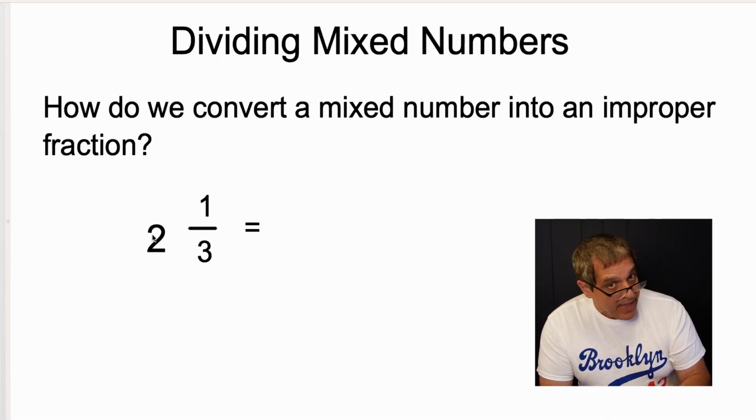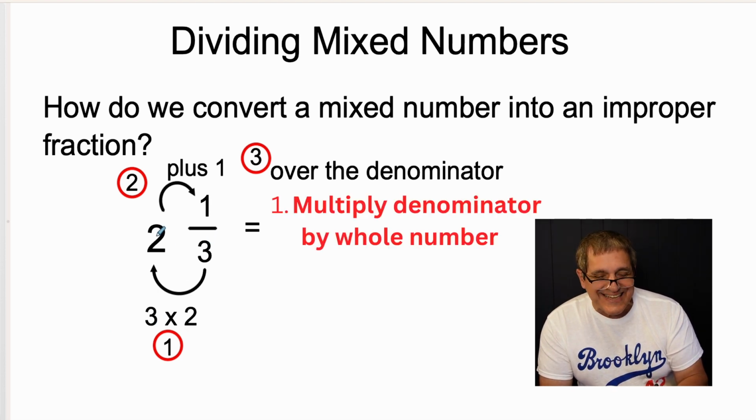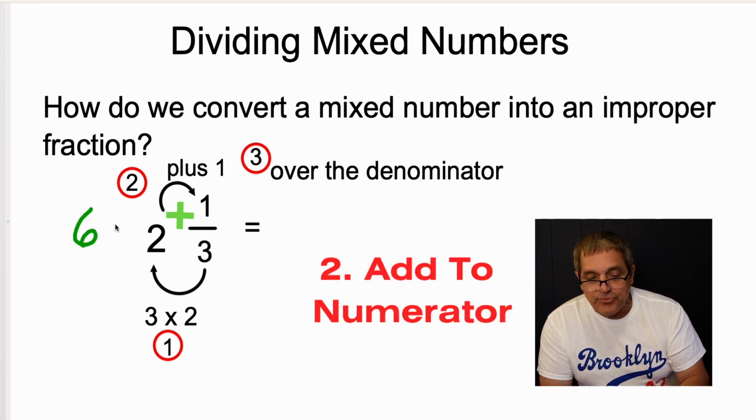I have 2 1/3. What is 2 1/3 as an improper fraction? Okay, so if you've forgotten, here are your steps. Step number 1, you multiply the denominator by the whole number. So in this case, it's 3 times 2, which is 6. And I'm going to write that 6 over here. Step 2, add it to the numerator.